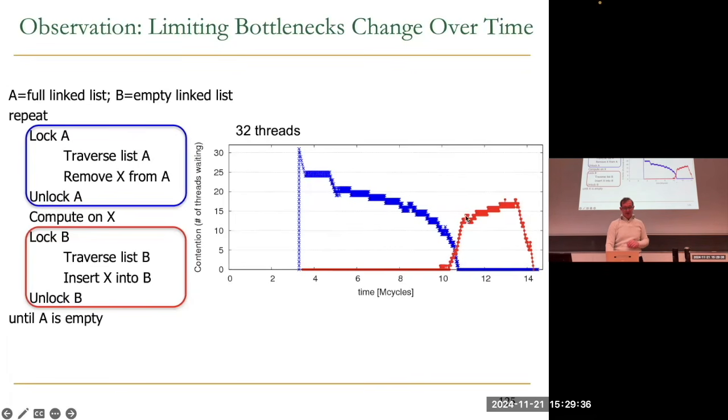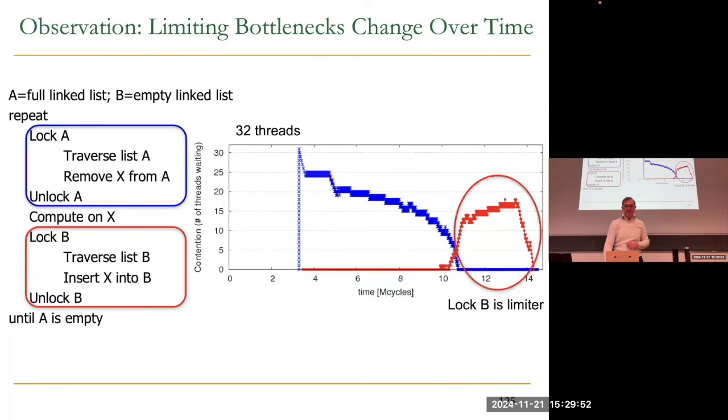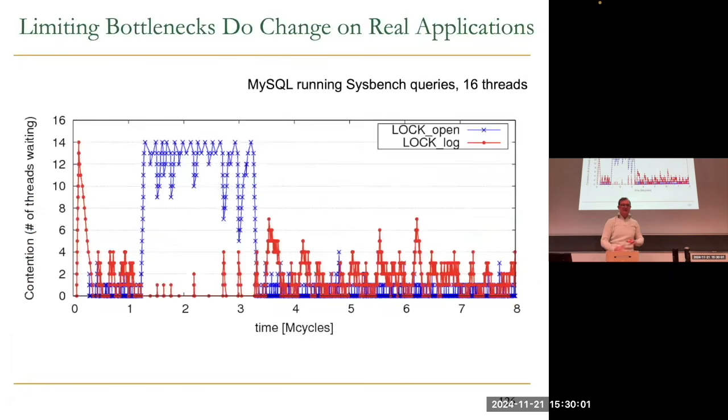And after some point, the red one becomes contended. So there's a part where both of them may be contended, and the red one becomes less contended after some point also because you're adding less stuff. So as you can see in this example, lock A is the limiter for some time, lock B is the limiter for some other time, and then there's some time where both of them could be limiters to different degrees. Okay, so that's just a cooked up example.